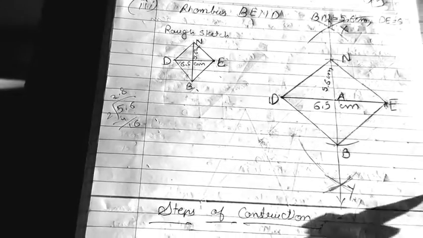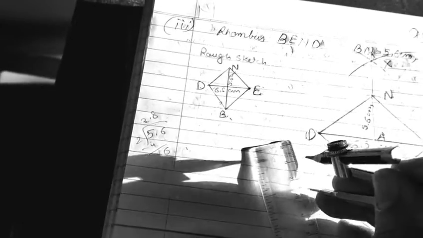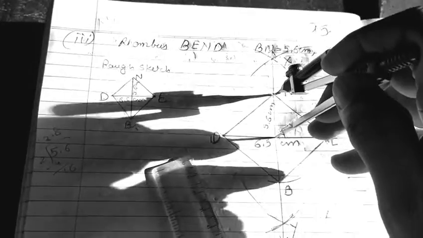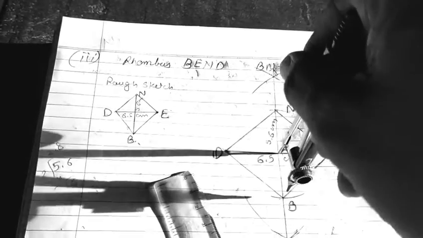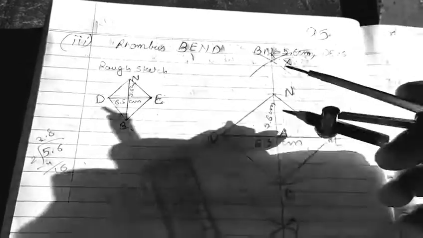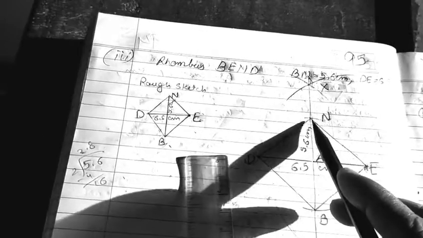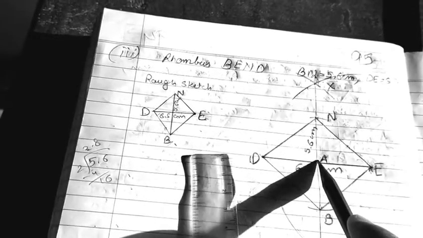What I will do is take the measure 2.8 with my compass, and from the center take 2.8 measure to the upper half plane and the lower half plane, so that 2.8 and 2.8 together give 5.6.